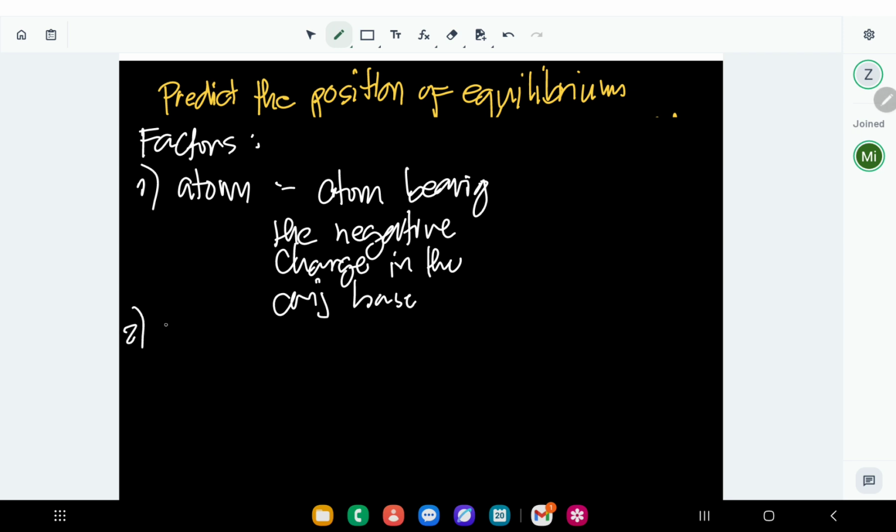And then the second one is resonance. How do you identify resonance? Okay, like you need to compare if the conjugate base delocalizes its charge. Can the conjugate base delocalize its charge? So more resonance, more stable conjugate base, meaning stronger acid. Okay.